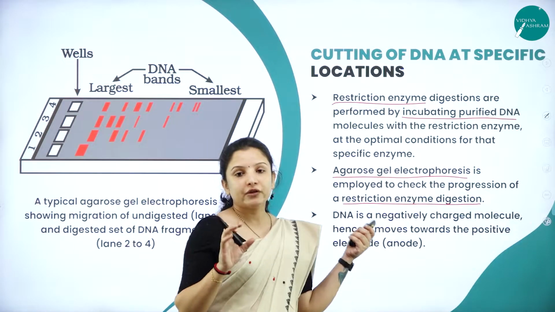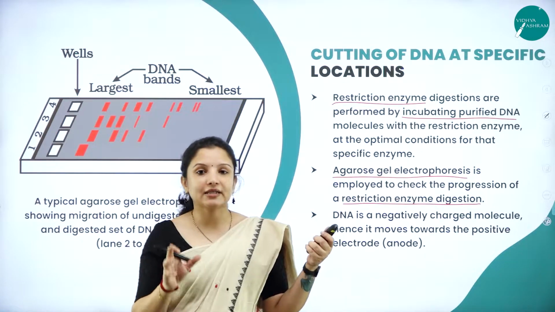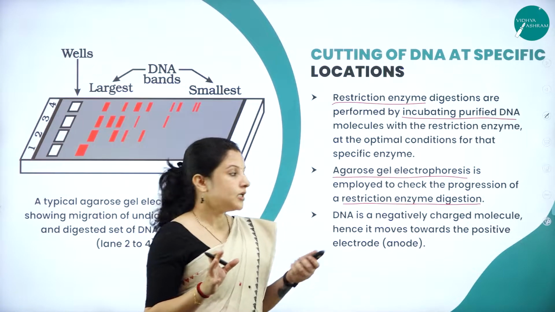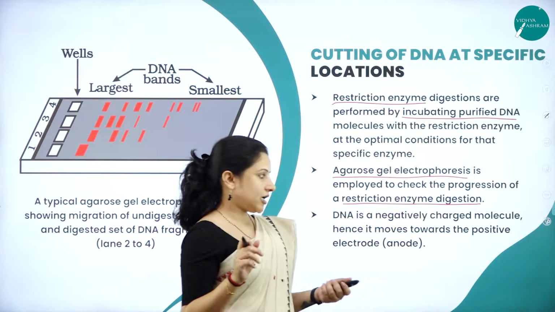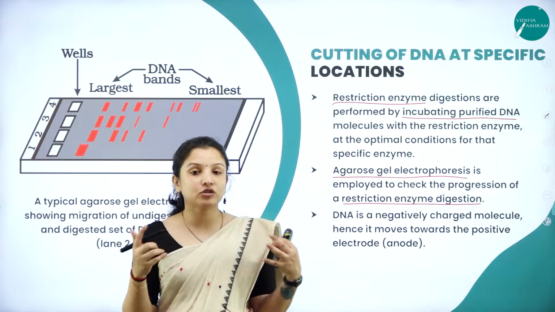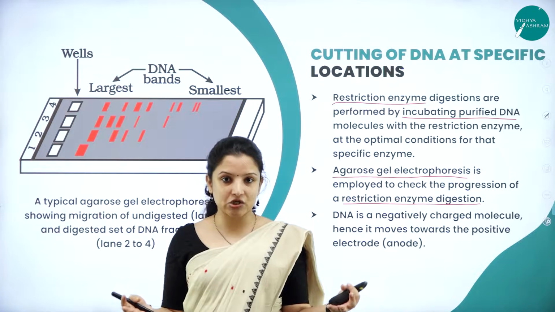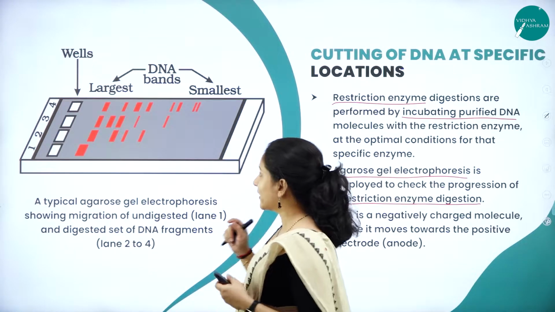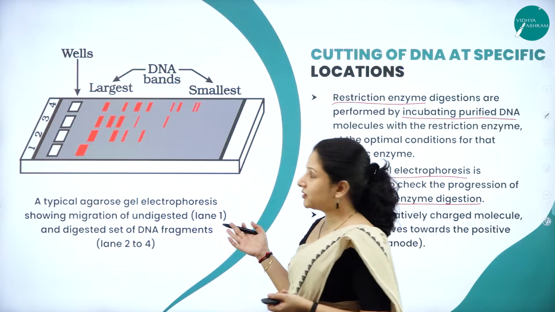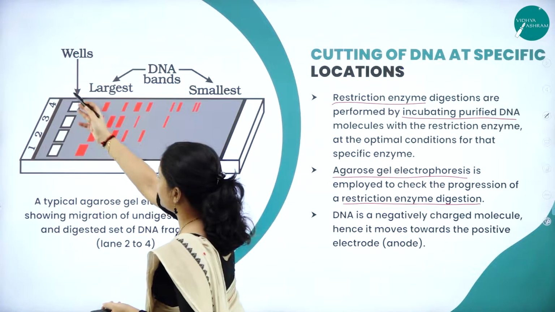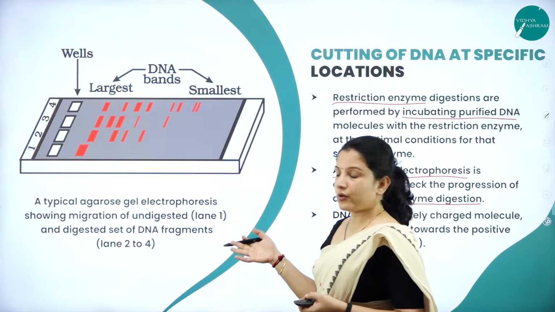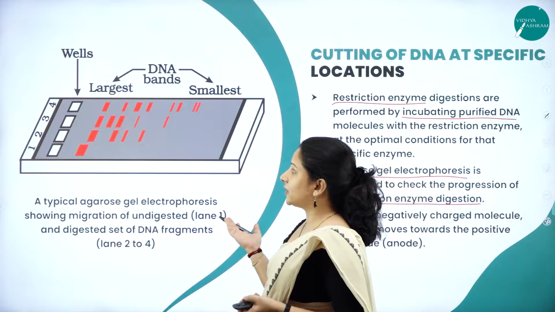Here we all know that DNA is negatively charged because it has a phosphate backbone, right? This negatively charged DNA molecule will always move towards the positive charge, because opposite charges attract. I've already explained this, so this is just to brush up a bit; in the previous session you can have a look to understand it better.